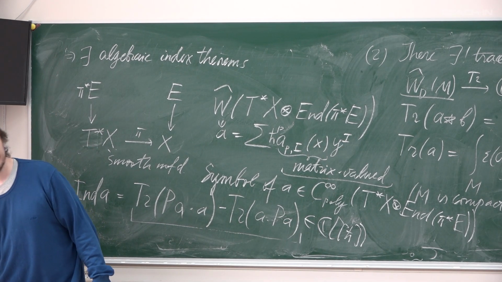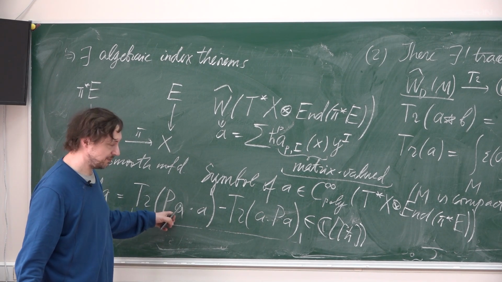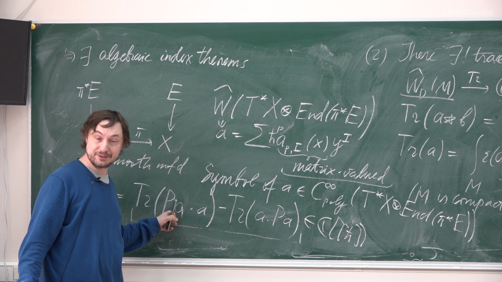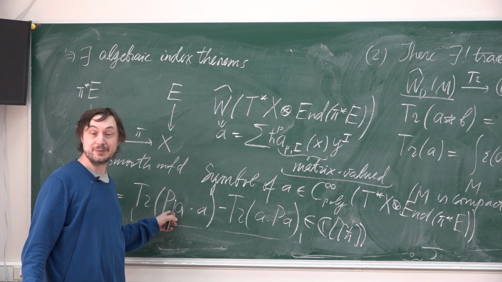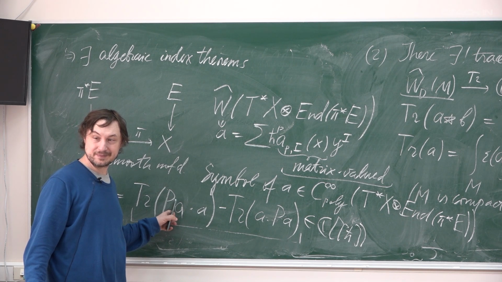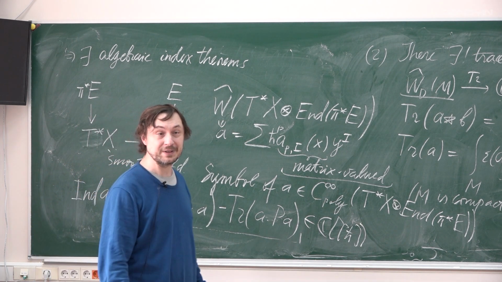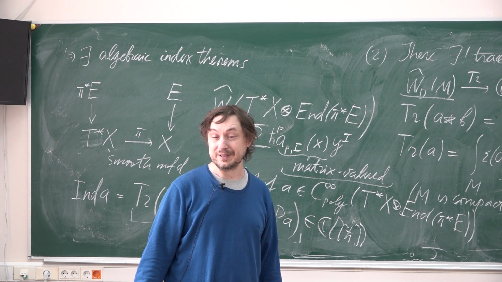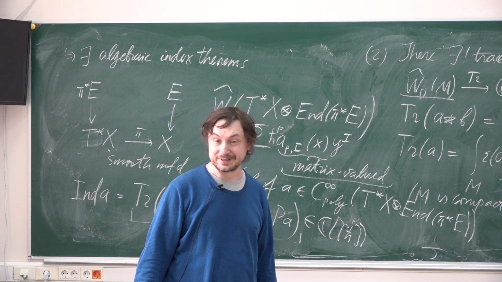Sorry? Here, what is P? P is the parametrics of A. It's an operator which is almost the inverse of the elliptic operator. It's somehow as close to the inverse operator as we can come in the space of differential operators.